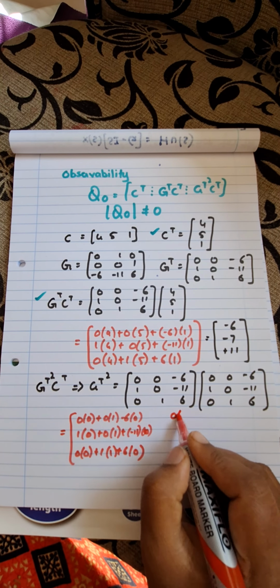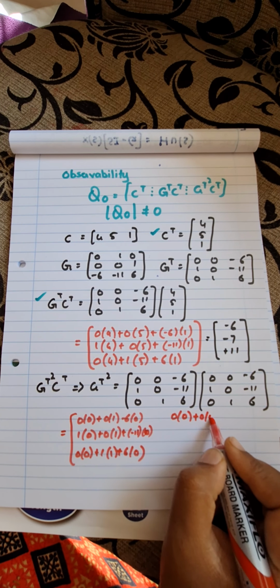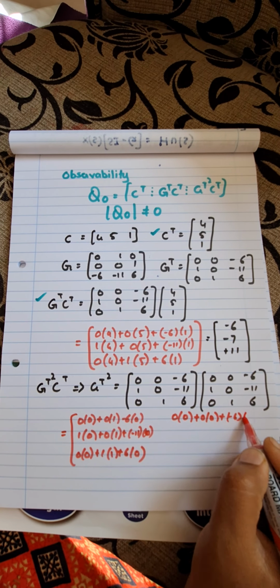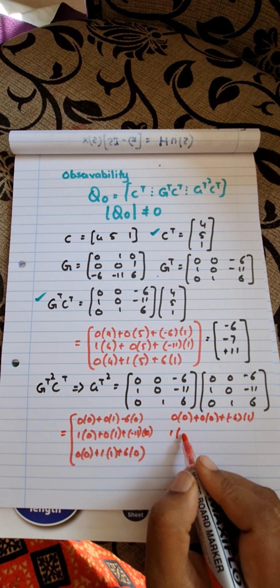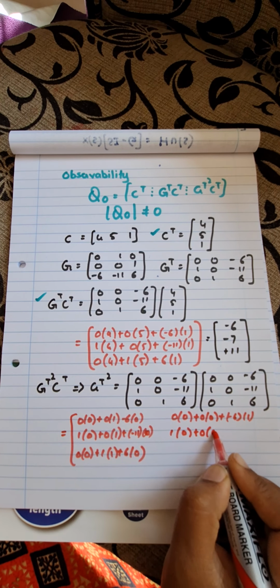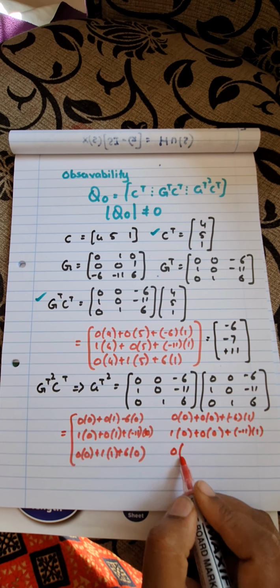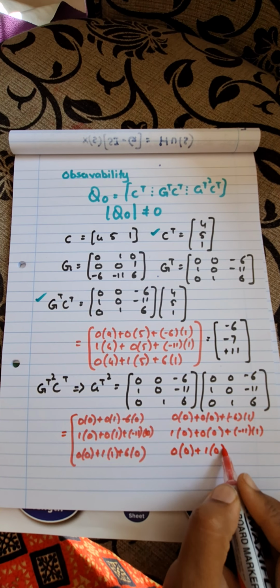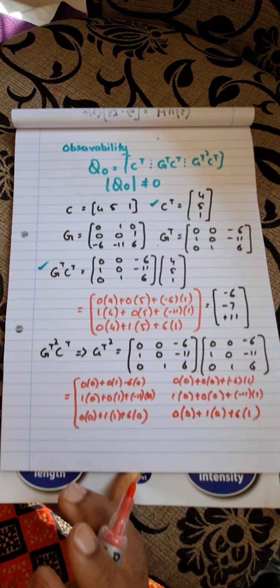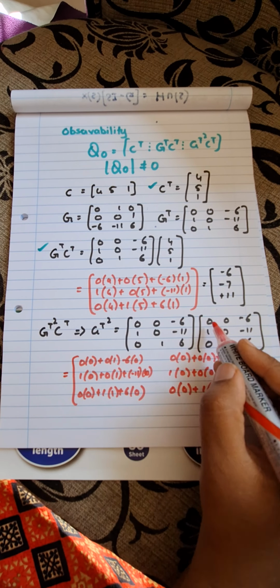Then here 0 into 0 plus 0 into 0 plus minus 6 into 1; 1 into 0 plus 0 into 0 plus minus 11 into 1; 0 into 0 plus 1 into 0 plus 6 into 1. Then these two are done.